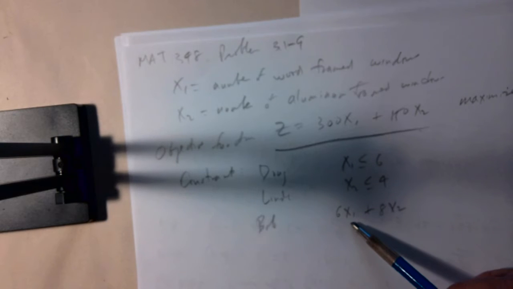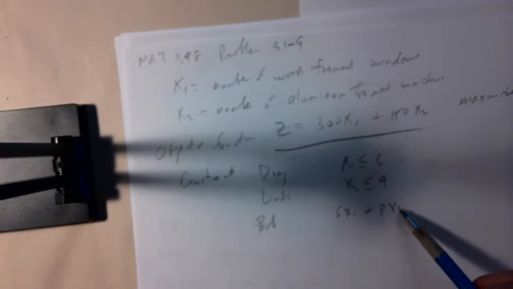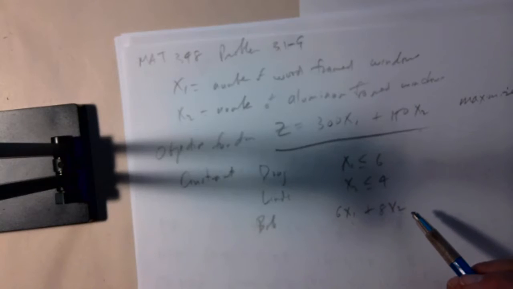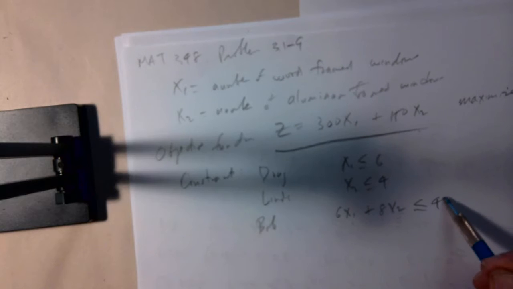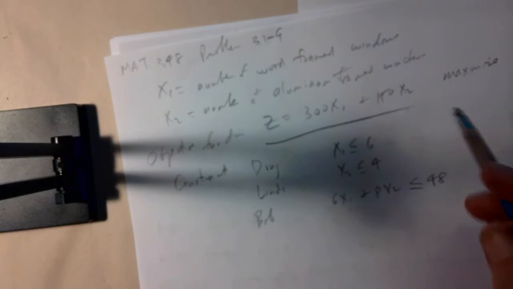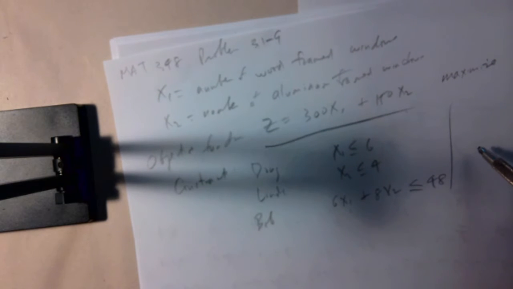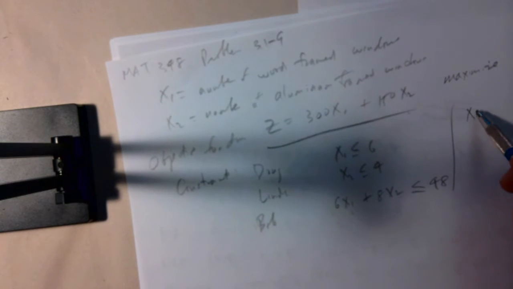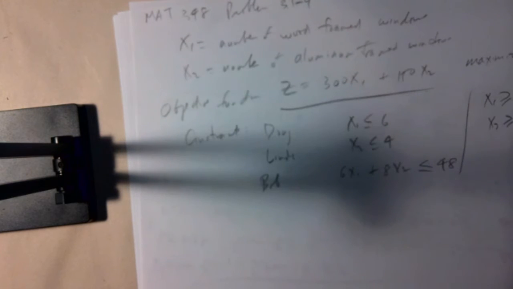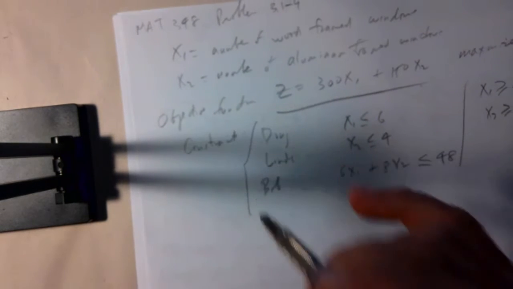So if you make X1 wood windows and X2 aluminum windows, this is how much glass you're going to need per day. And you're told that's at most 48. And then you also have the non-negativity conditions, because you don't make a negative number of windows. X1 is at least 0 and X2 is at least 0. So these are the constraints on the problem.